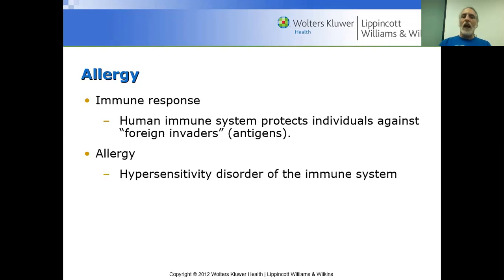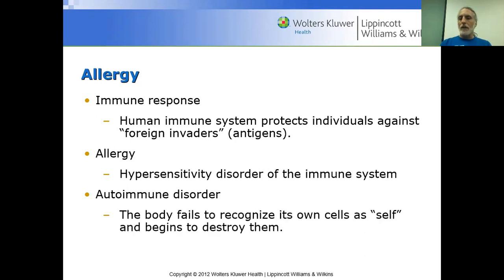An allergy is a hypersensitivity disorder of the immune system. So your body is reacting to something that would normally be innocuous. An autoimmune disorder, the body fails to recognize its own tissues and treats them as if they were an invader and begins to attack and destroy them.